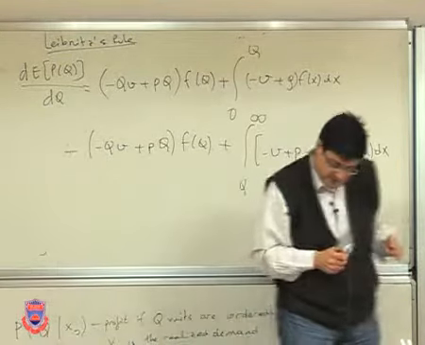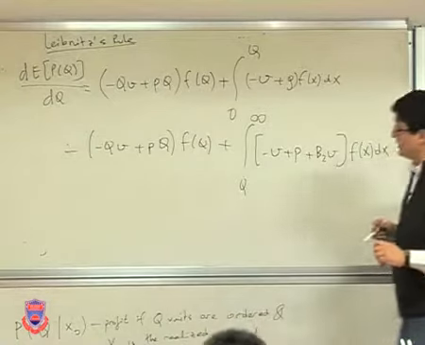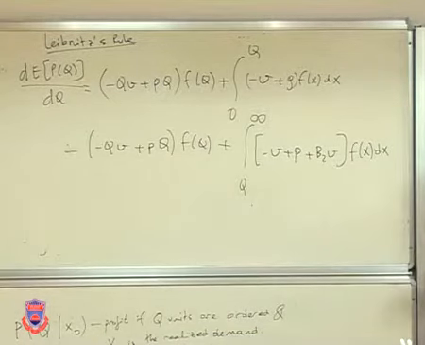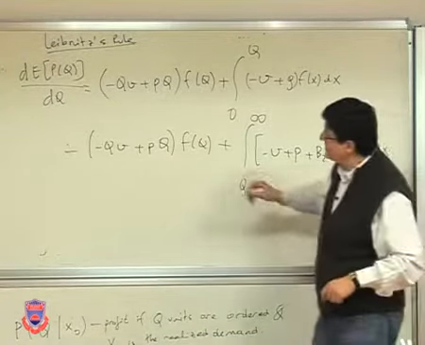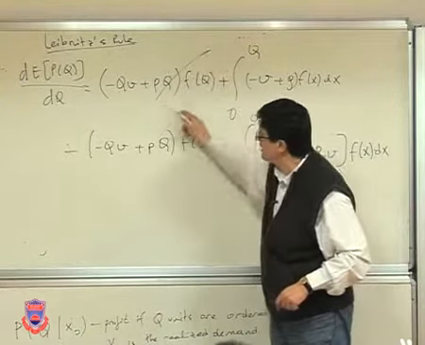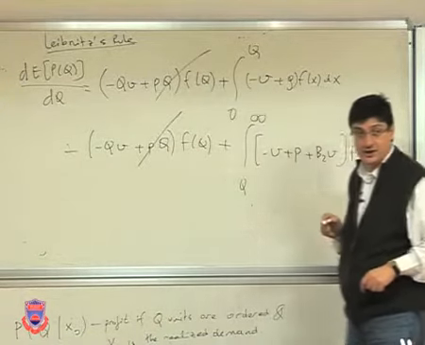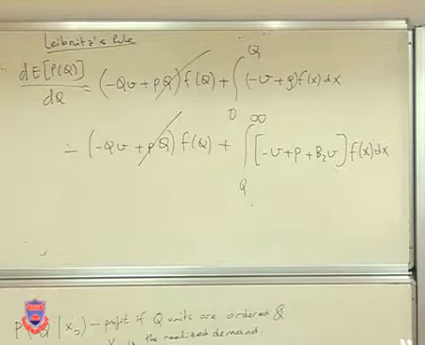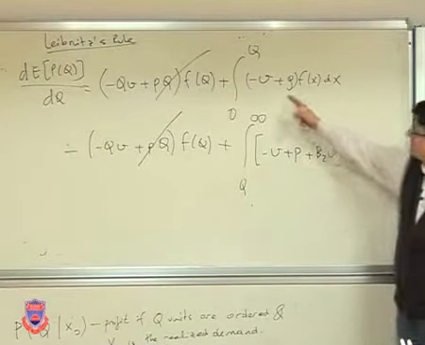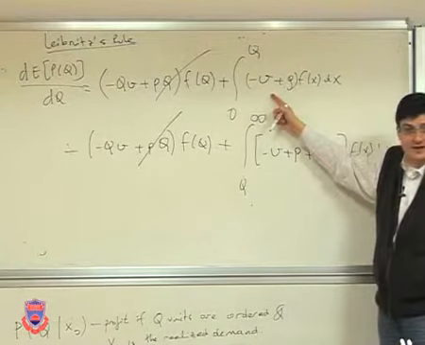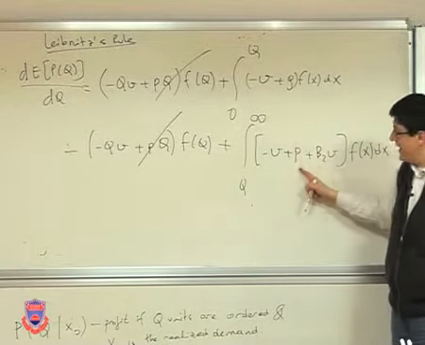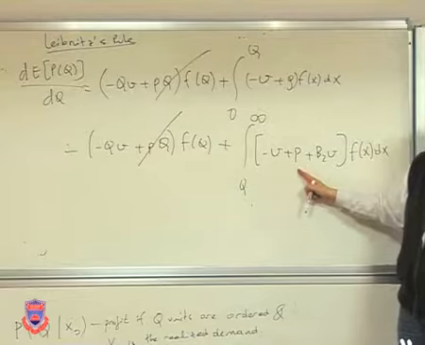I sometimes make mistakes. Now, when you look at these terms, these two terms are going to cancel each other. So we are going to be left with these two terms. And this is a cumulative function of x, and this is a complementary cumulative function of x.